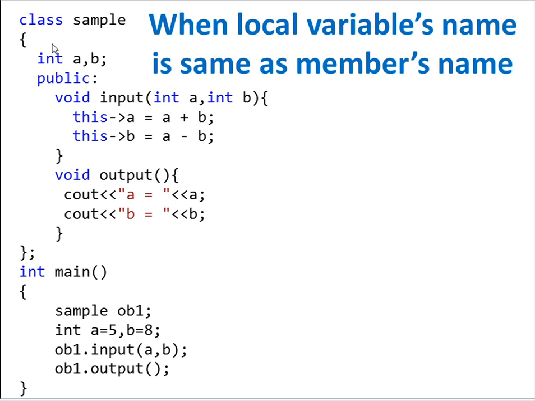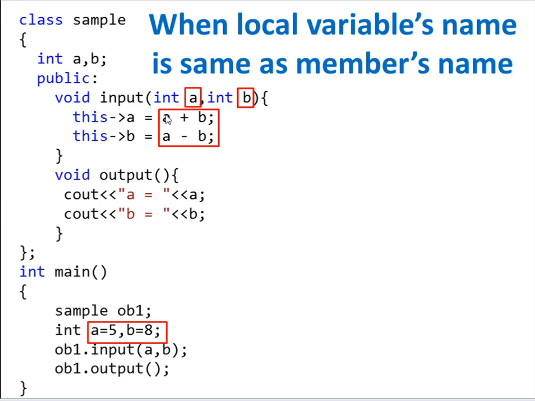Now we go to the code: class sample, int a, b, public, input int a, int b. Here we know these names are the same. Now we are going to see what happens when a and b are the same.